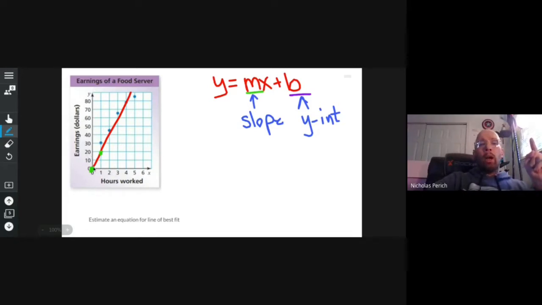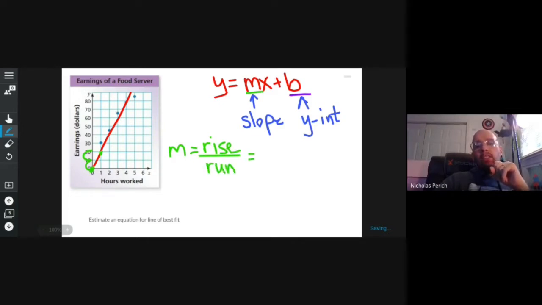I'm going up 10, up 20, up 30, up 40. So I'm going to do that. Up 10, up 20. So my slope, and remember, my slope is rise over run. My rise is 20 because I went up 20.